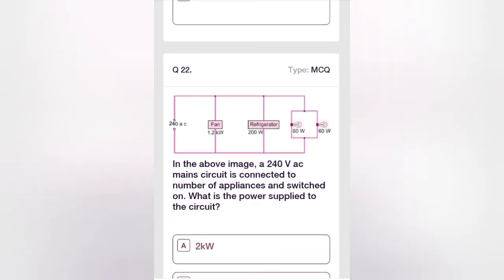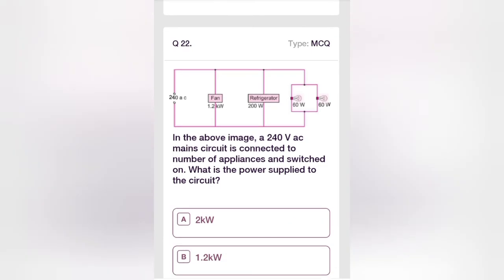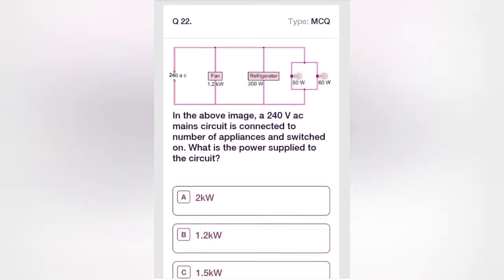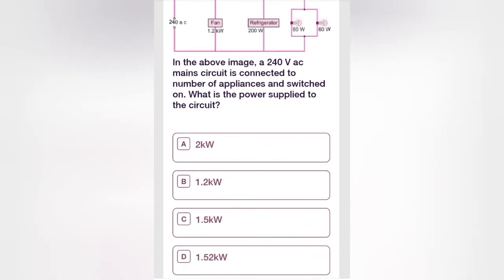In the above image, a 240 volt AC mains circuit is connected to a number of appliances and switched on. What is the power supplied to the circuit? Voltage is given and it is connected to a number of appliances and switched on. So we need to add and find the total power.